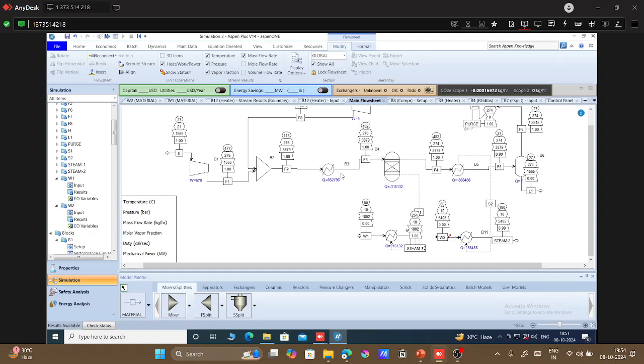Okay, so that is also one possibility. Or instead we can borrow a steam from a steam header, and it could be high pressure steam, low pressure steam, depending upon what steam is present in the plant, and our plant is able to generate 400 kilomole per hour 10 bar pressure steam, which can be supplied to a steam header.